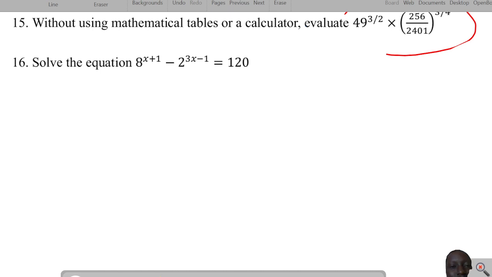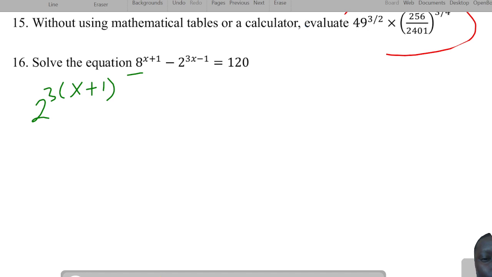Yeah, so class, there's one thing that you'll be able to realize here, that 8 can be expressed in terms of base 2. So that is basically 2 to the power of 3 into x plus 1.